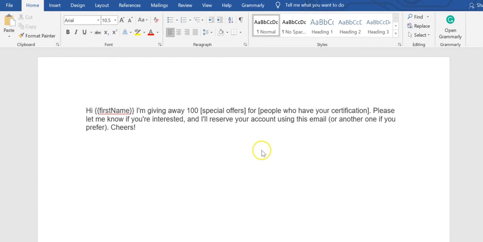I found people who had specific certifications that I was interested in, and then I used a cool tool called Scrap.io to scrape the emails from LinkedIn to generate the cold email list, and then I imported those emails into Lemlist to send this automated email. "Okay, so please let me know if you're interested, and I'll reserve your account using this email or another one if you prefer. Cheers."